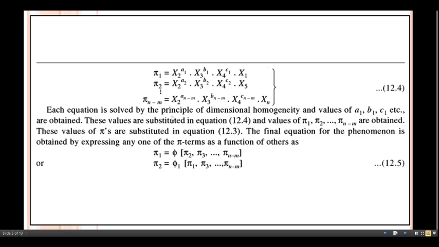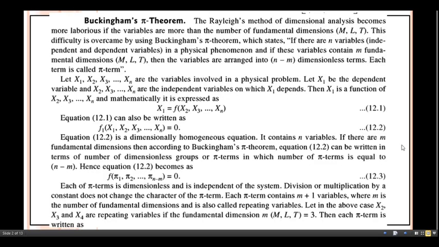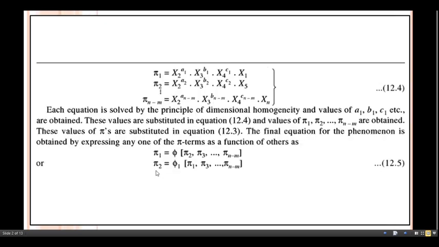Each equation is solved by the principle of dimensional homogeneity, and the values of a1, b1, c1, etc. are obtained. These values are substituted in equation number 4, and the values of pi 1, pi 2, pi 3 up to pi n minus m are obtained. These values of pi are substituted in equation number 3.